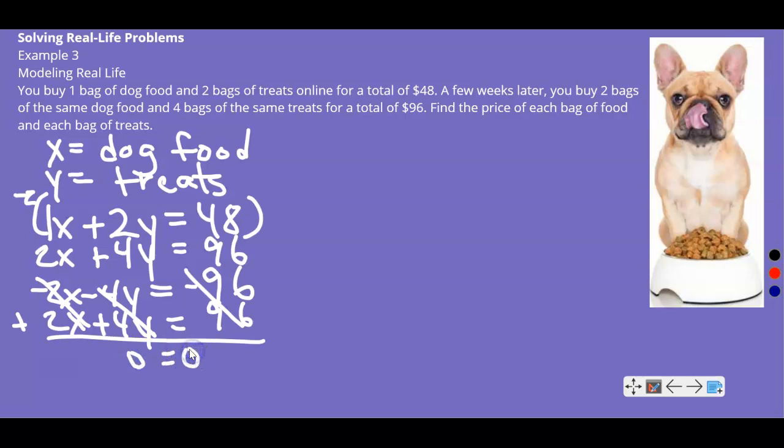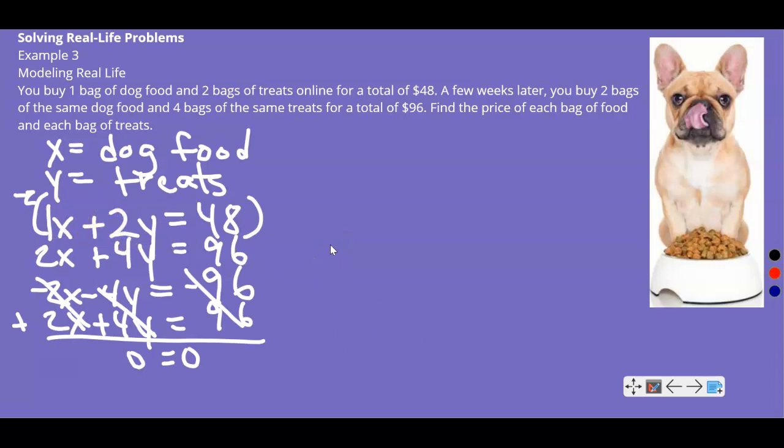That means these are equivalent expressions, so every solution is going to be exactly the same. So in order to find the price of each bag of food and treats, I'm going to have to use a different method to solve. So let's try graphing. If we're going to graph, let's graph using our intercepts.